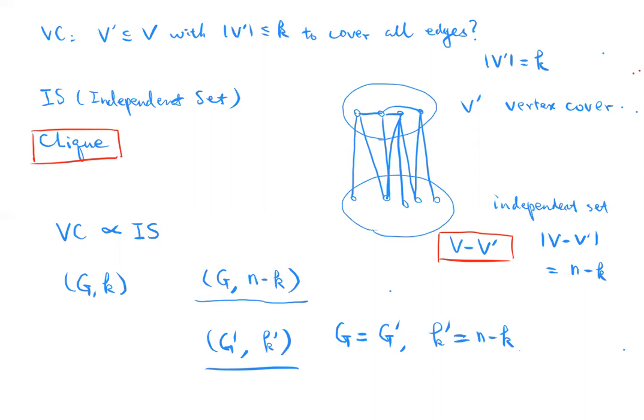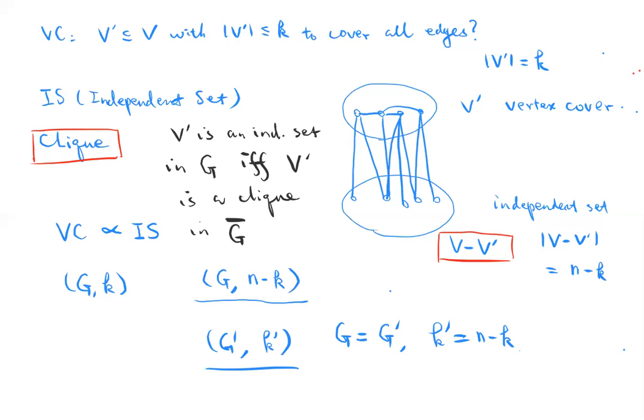A set of vertices V is an independent set if and only if these vertices form a clique in the complement graph of G. If we take the complement graph, because of this relation, there is a trivial reduction from independent set to clique.